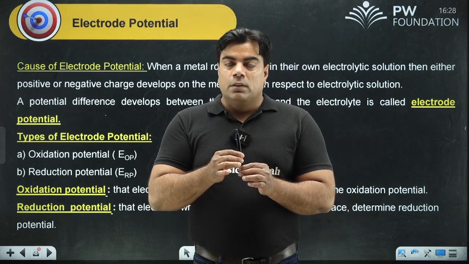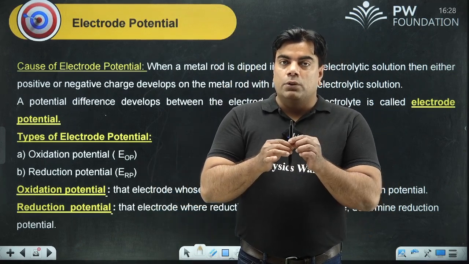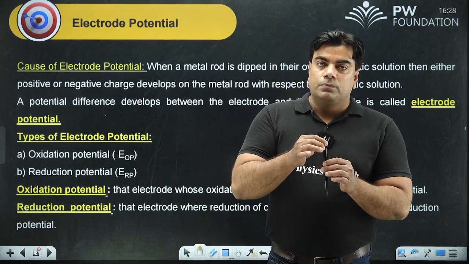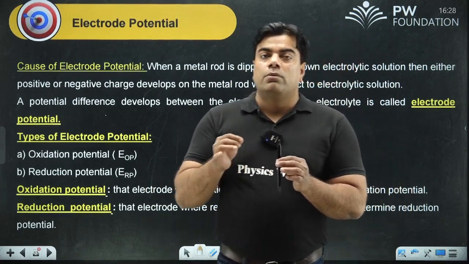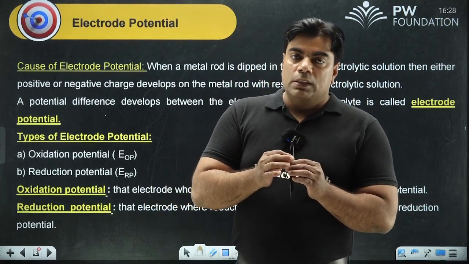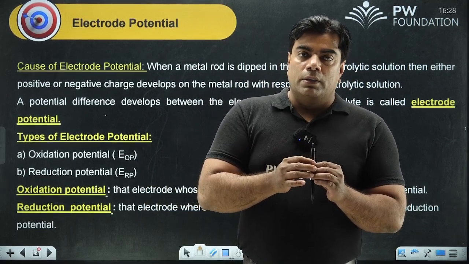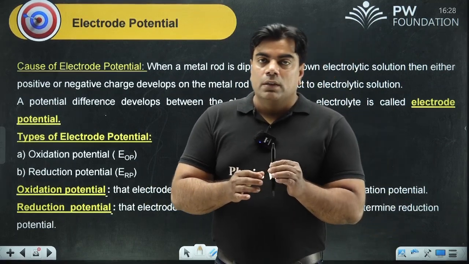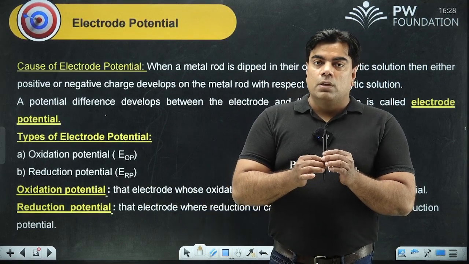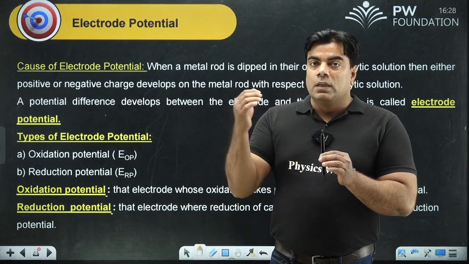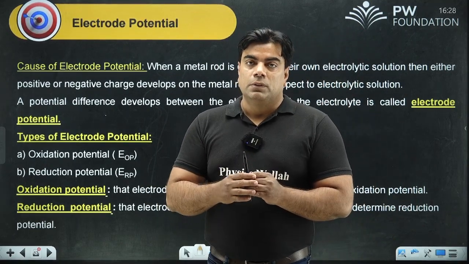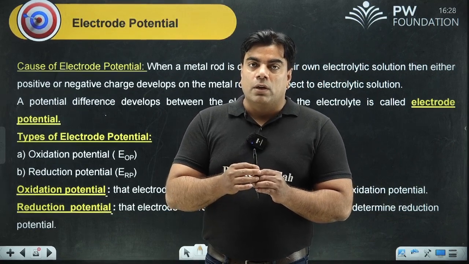And when this electrode is connected with the positive terminal of a battery, it is called an anode. If it is connected with the negative terminal of the battery, it is called a cathode.